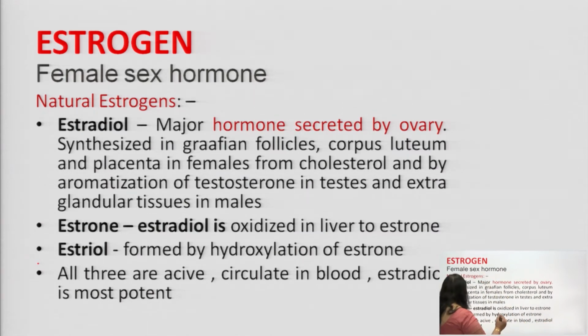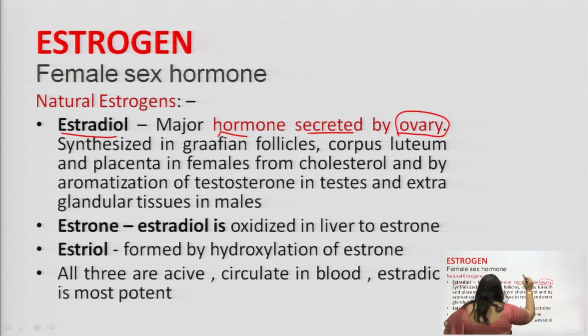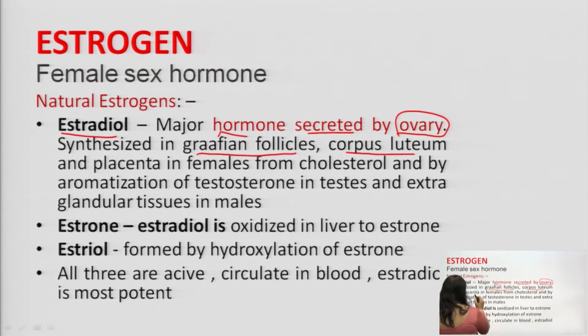The natural estrogen is estradiol, and this is the major hormone secreted by the ovary. Now, where is this estradiol synthesized? It is synthesized in the Graafian follicle, the corpus luteum, and also in the placenta in females, and the starting material remains the same as we saw earlier, which is cholesterol. Testosterone is also converted into estradiol by the aromatase enzyme.